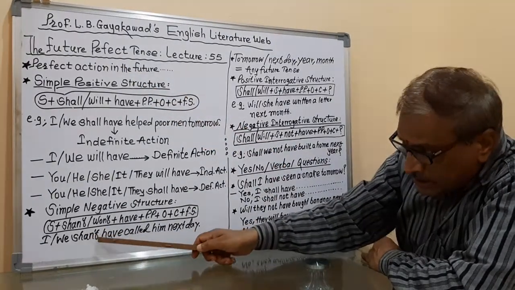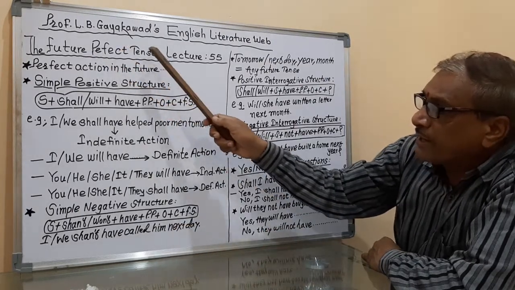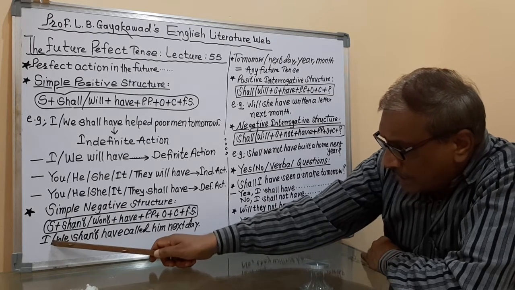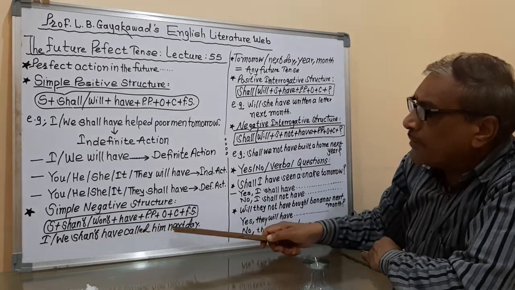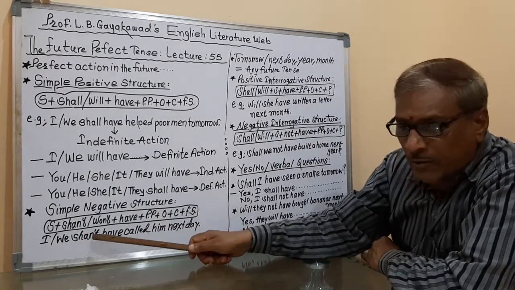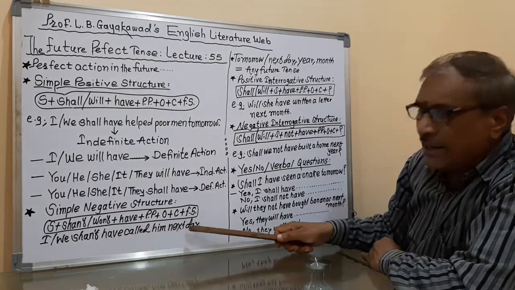This sentence is given in the future perfect tense: I shall not or shan't have called him next day, or we shan't have or we shall not have called him next day.